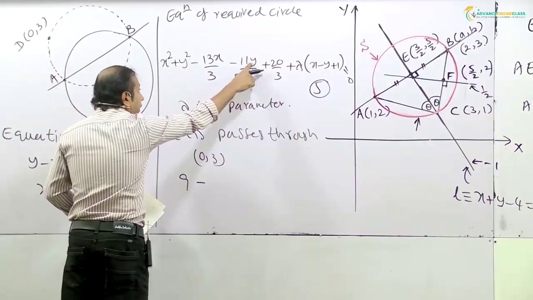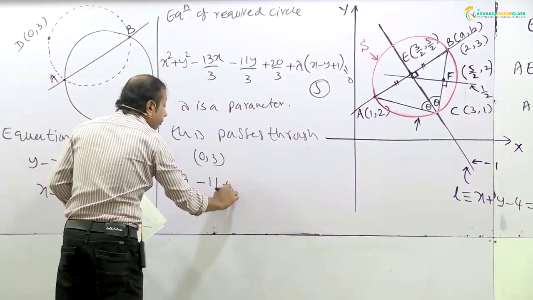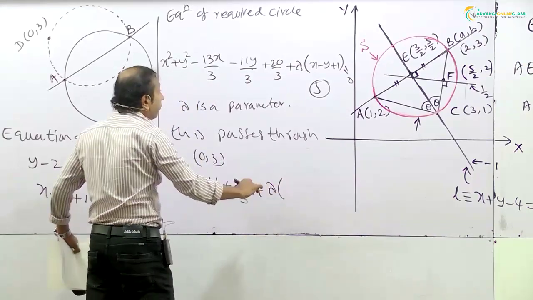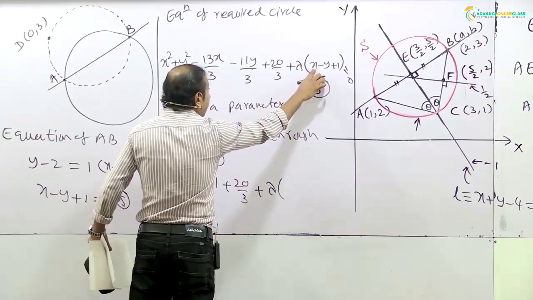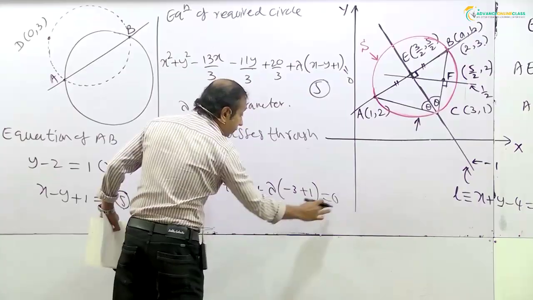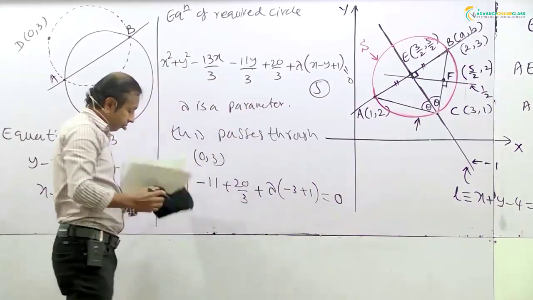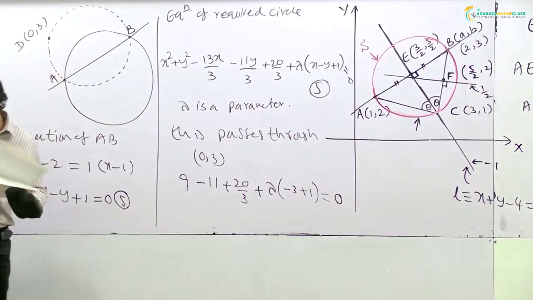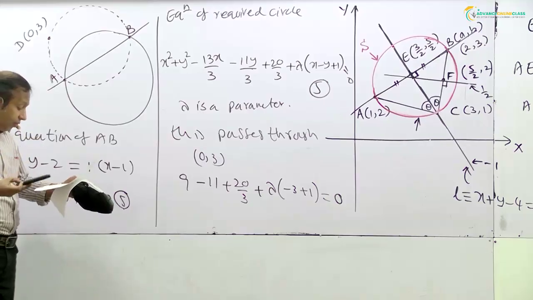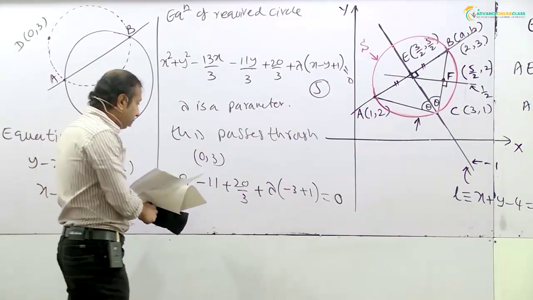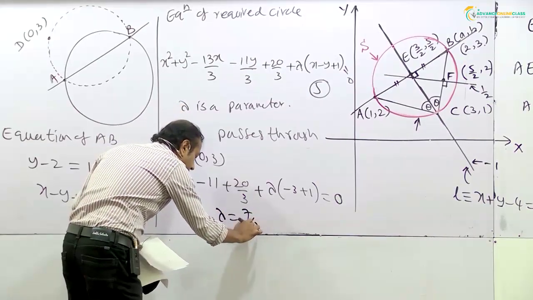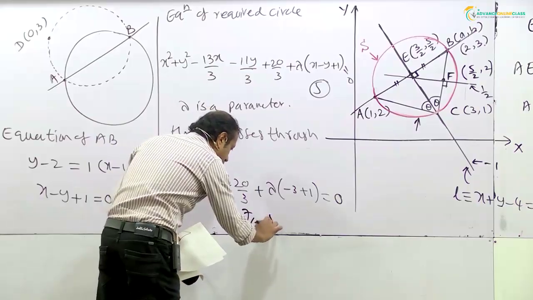Here when you put 3, 11, 20 over 3, lambda, x is 0, y is 3, this way 0. Okay, simplifying this, you get lambda 7 by 3. I'm not going to show the steps in taking these answers. Lambda 7 by 3. You get 5 marks for this.